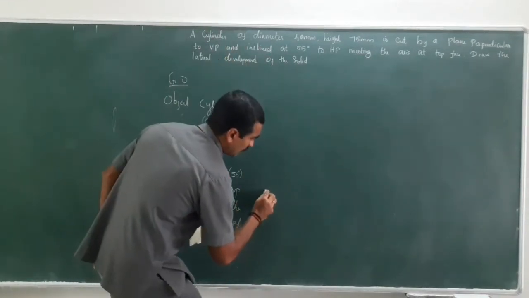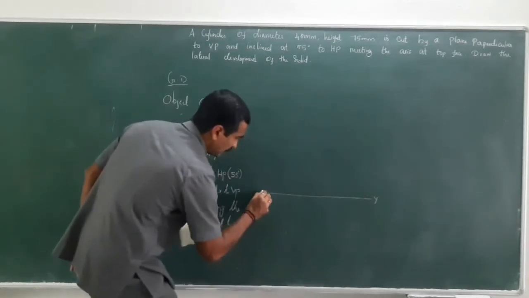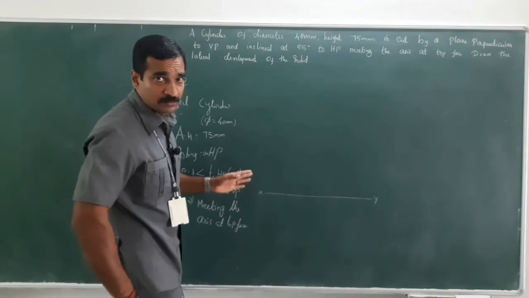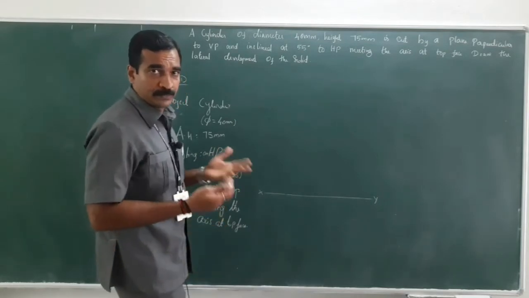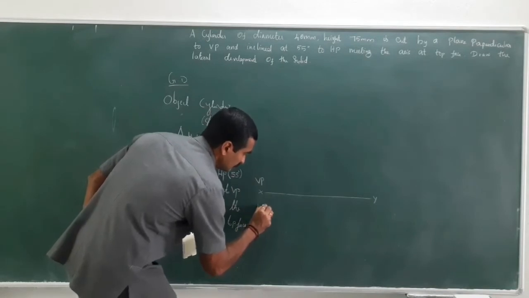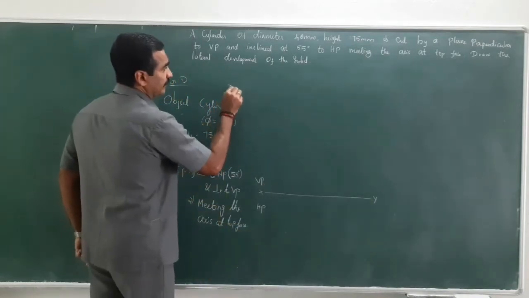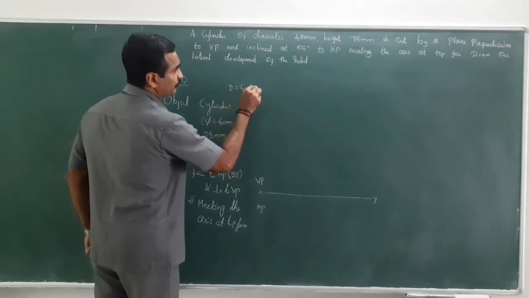First thing I have to draw is the XY line, which is nothing but the reference line or the ground line, VP, HP. Here the diameter is 40 mm.